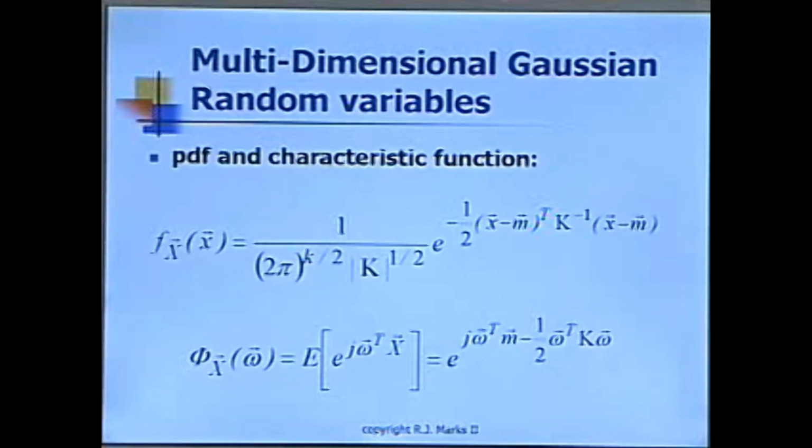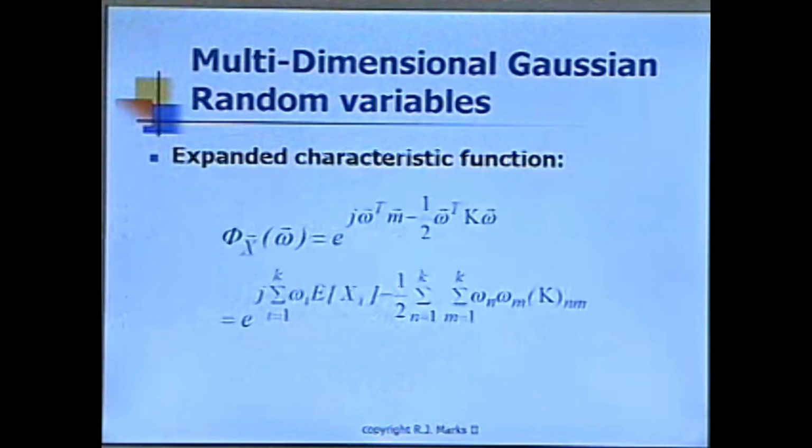So the mean value, m, tells where this cloud is centered. Now, the characteristic function for this multidimensional random variable is something we have seen before also. And this is the multidimensional characteristic function of this Gaussian random variable. It's given by this expression where, again, K is the covariance matrix of the random vector.